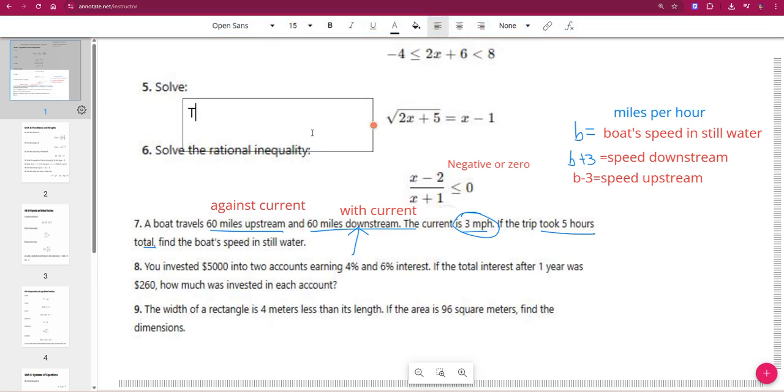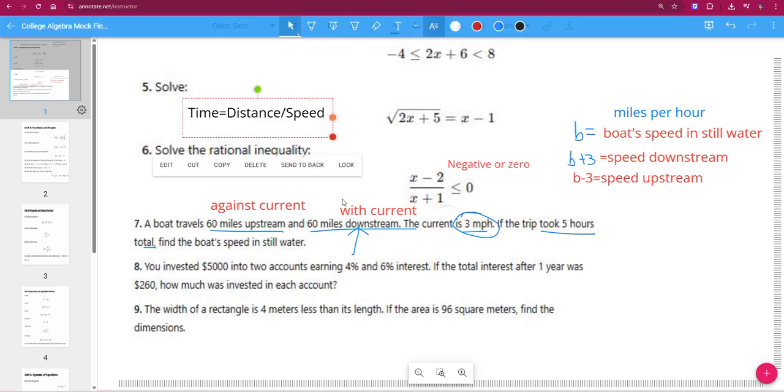So time is equal to distance divided by speed, right? Like if I was finding time, it's going to be my distance over my speed. So this is a key thing.